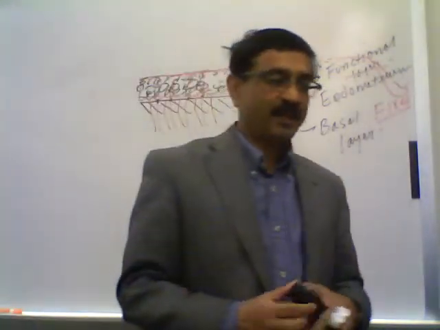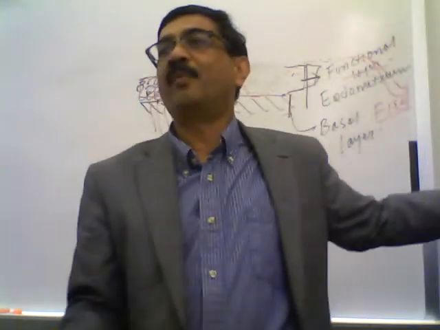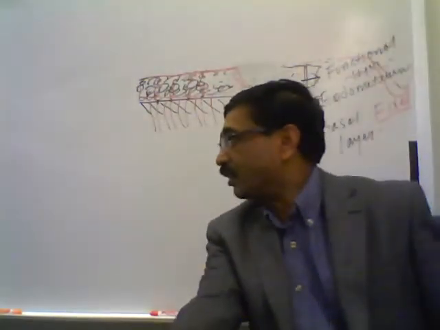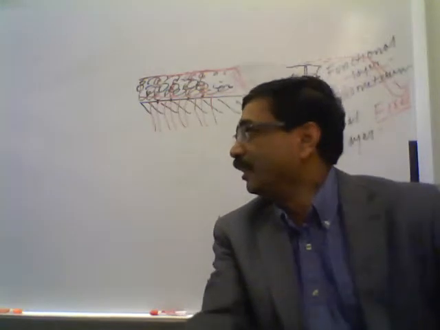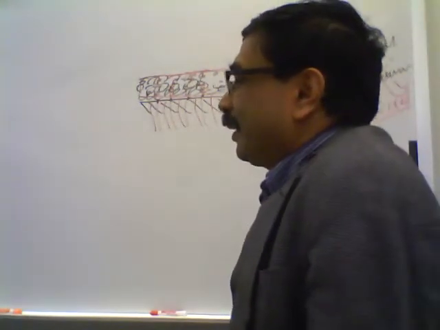Now, stratified means many layers, right? Multiple layers of squamous cells. And you already know that the areas where the chance of getting friction is high are lined with stratified squamous. We already know that.